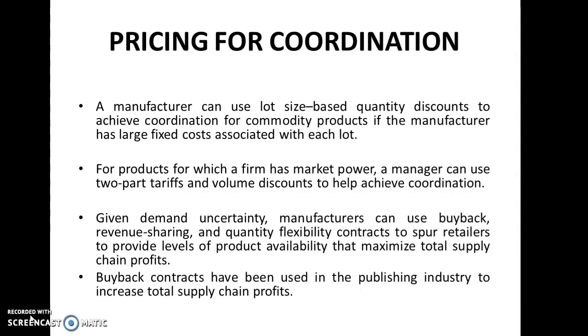For example, buyback contracts have been used in the publishing industry to increase total supply chain profits. Particularly, in newspapers, you might observe that they use a buyback system. That means they will take back the unsold newspapers or magazines.